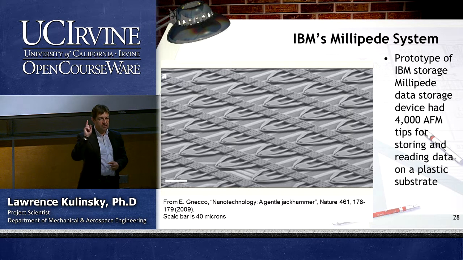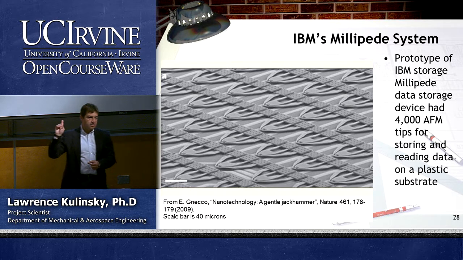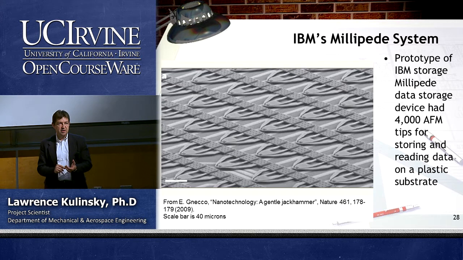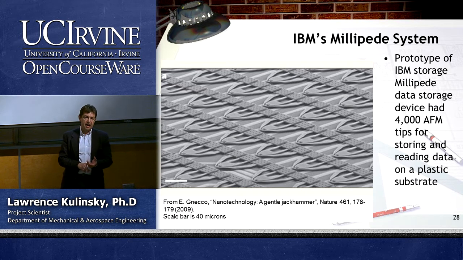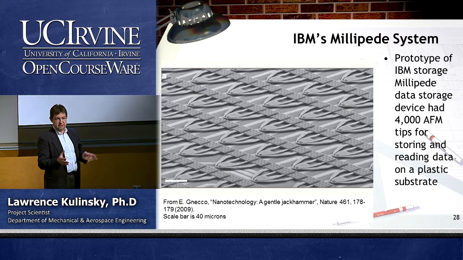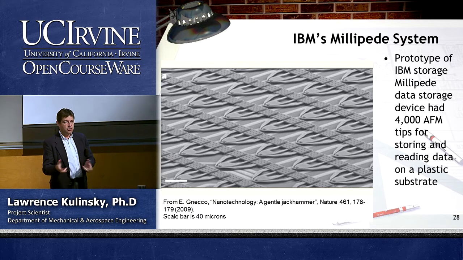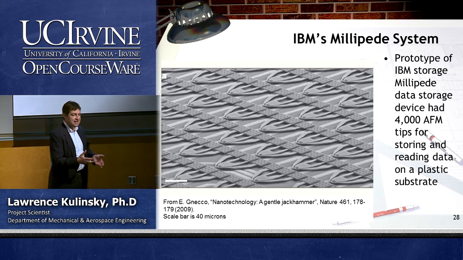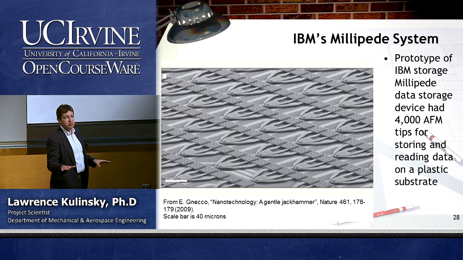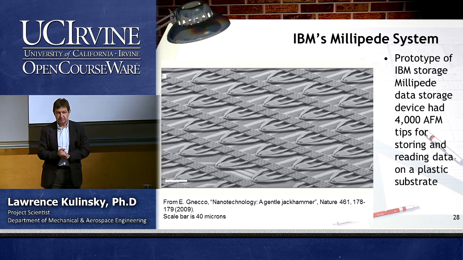Actually, Gerd Binnig, Nobel laureate, who participated in the creation of the scanning tunneling microscope and then AFM, was involved in that effort. So it could not compete with solid state memory, right? But at least they demonstrated that we can have parallel processes, okay? So we can have this, it's 4,000 tips.